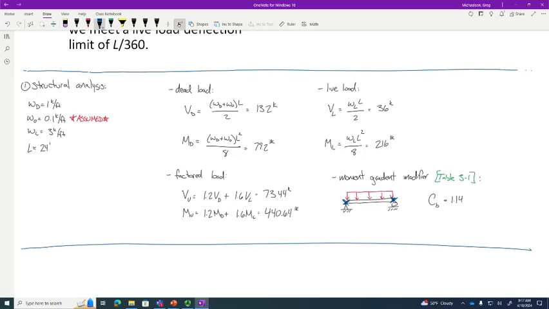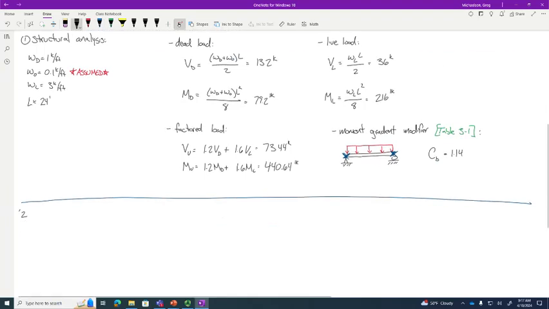Okay. Now the next thing that I need is my deflection limit. Now I sort of put this in a separate step because sometimes we might be doing a problem that doesn't have one. So first off, what do we got here?